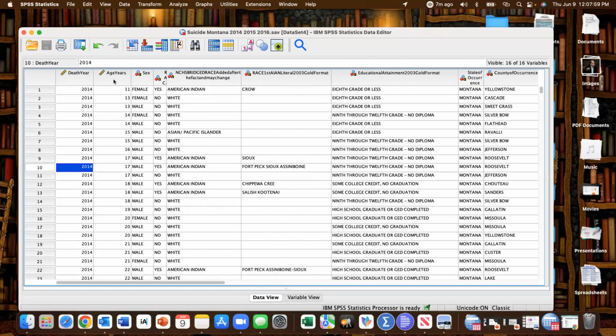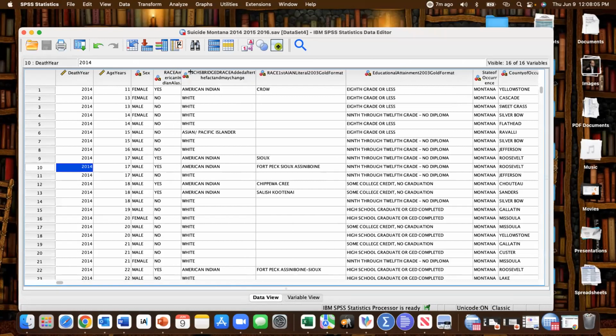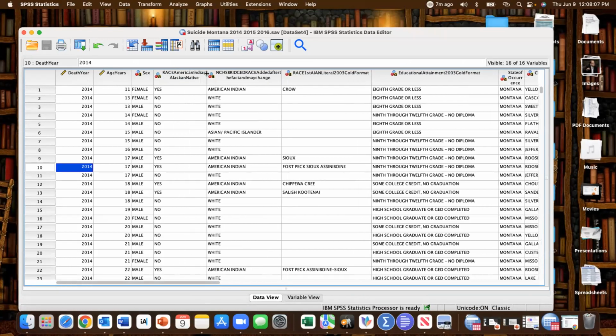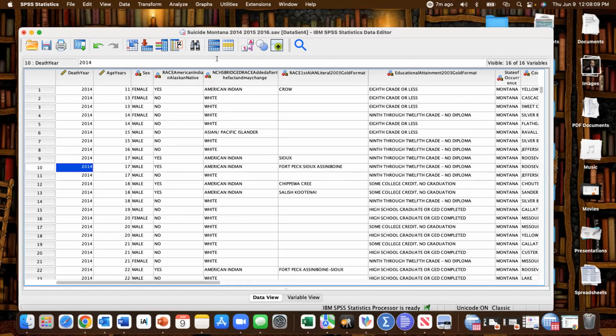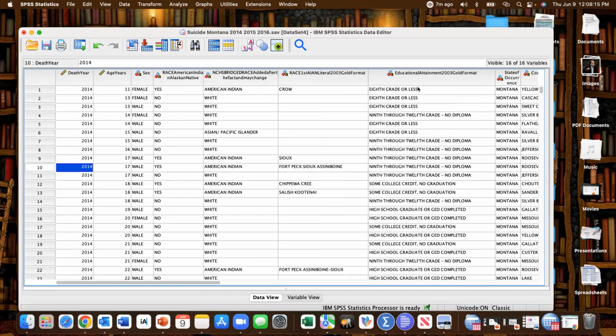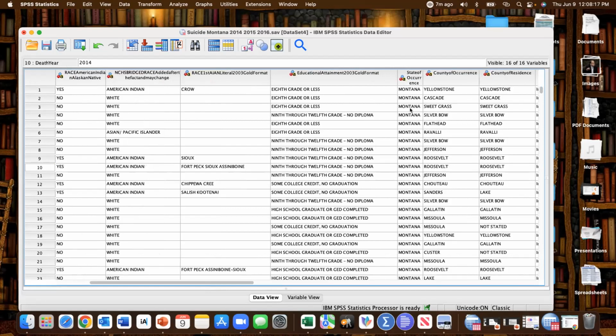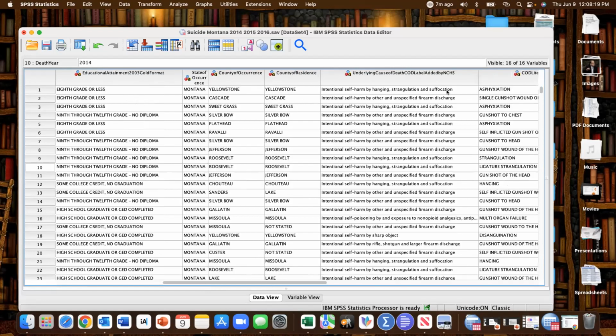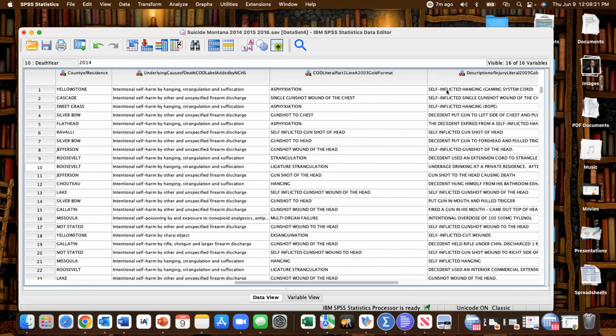So we have age, death year, age year. We have race, whether American Indian or not, more breakdown of race. And then you have education attainment. State is always going to be Montana. You can have the counties. Okay, this is one view.